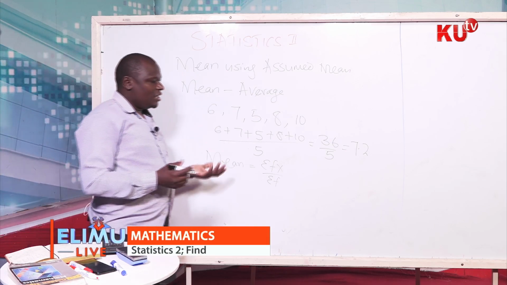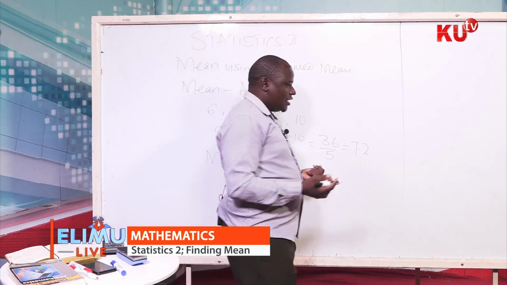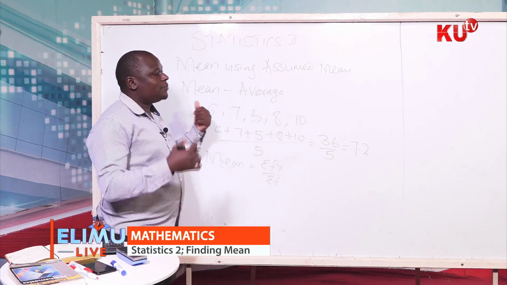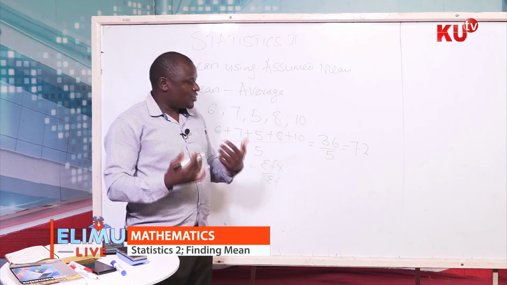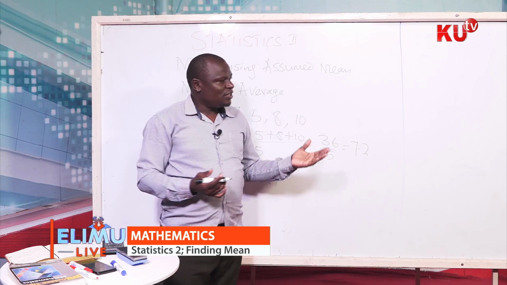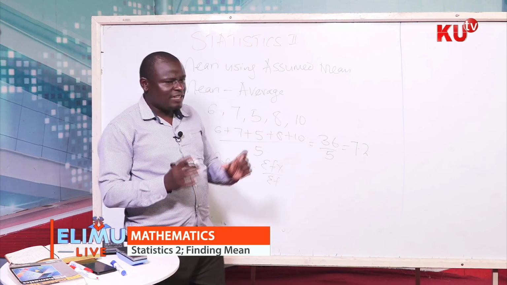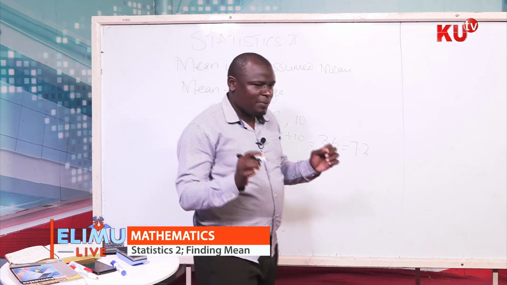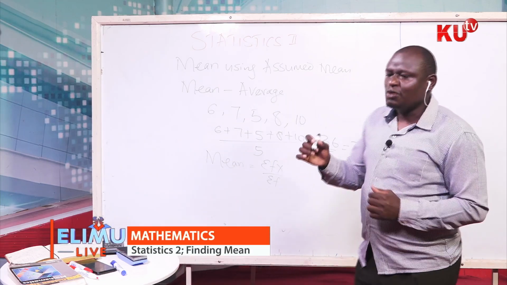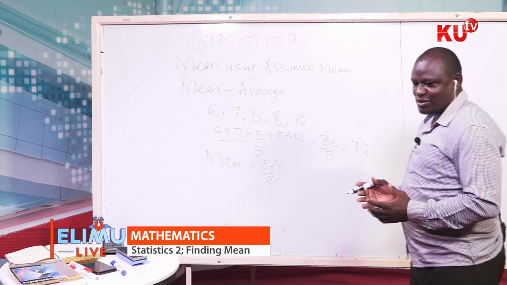Now, why do we work out this mean? I want to say this, that mean helps, for instance, in a school, in a classroom, it helps the teacher to tell the ability of his class, to be able to compare this class with the other streams, because our stream is not alone.